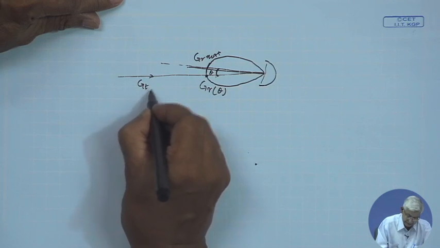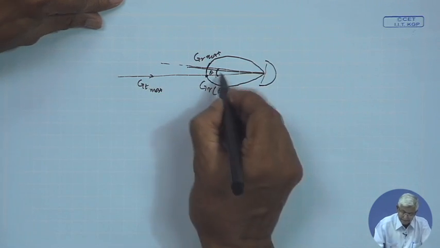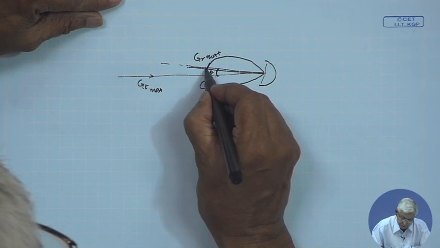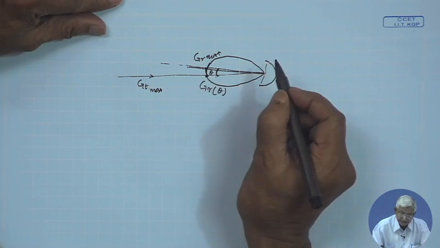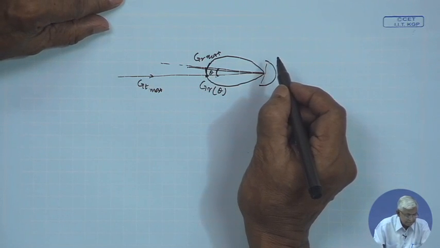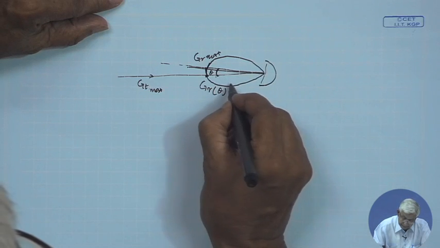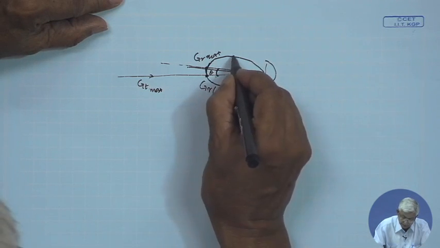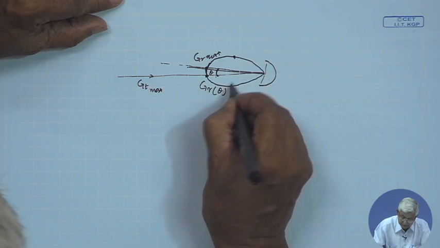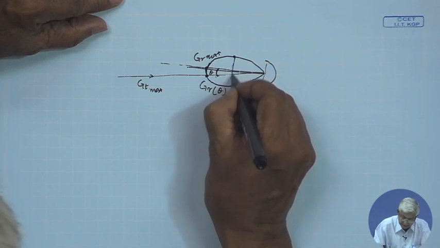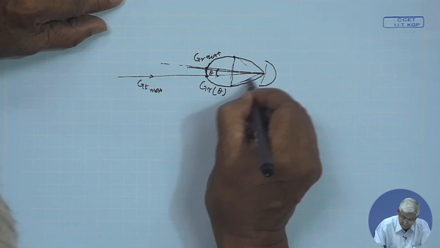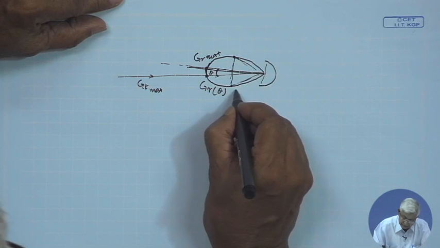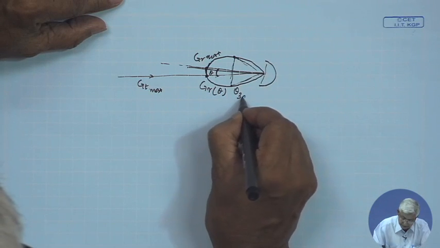This is GT max. So, it is reduced from the peak which is GR max, and let us assume that the half power point for this is here. So, this angle is theta 3 dB.